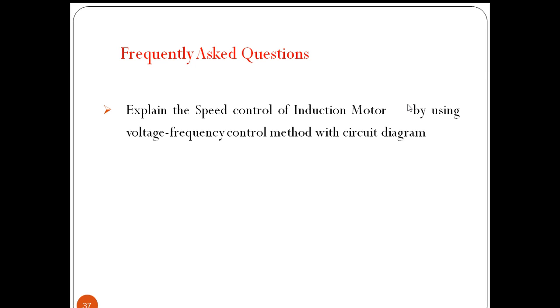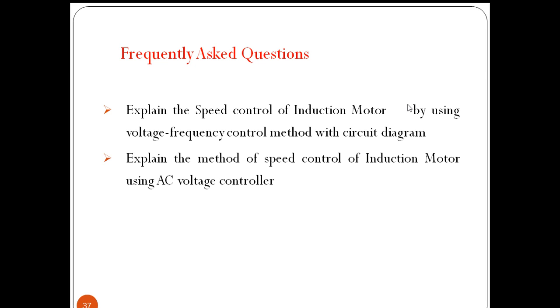Write the speed control by using converter inverter assembly circuit, and explain the method of speed control by using AC voltage controller. There we have to draw the AC voltage control circuit diagram, and draw the speed torque characteristics affected by varying stator voltage control, and explain how the speed will be controlled by varying supply voltage.